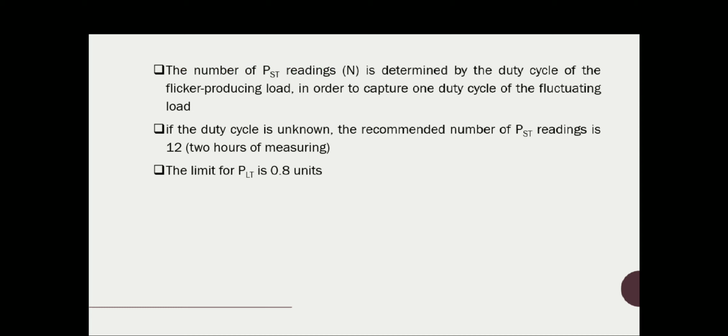The purpose is to capture one duty cycle of the fluctuating load. If the duty cycle is unknown, the recommended number of PST readings is 12. The limit of PLT is 0.8 unit. So that is the long term severity measurement.